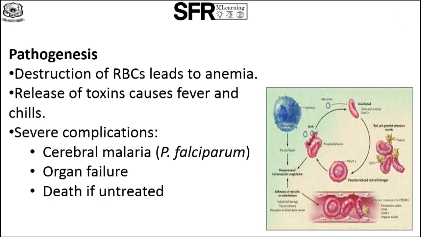Next, pathogenesis. The disease symptoms of malaria mainly result from the destruction of red blood cells by the parasites. The rupture of infected cells releases toxins that trigger fever and chills. Severe infection, particularly with Plasmodium falciparum, may lead to complications such as cerebral malaria, organ failure and even death if untreated.